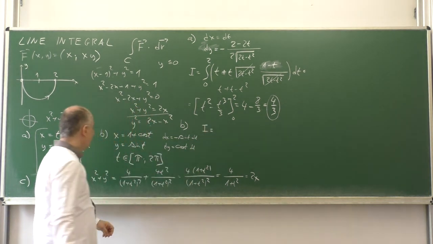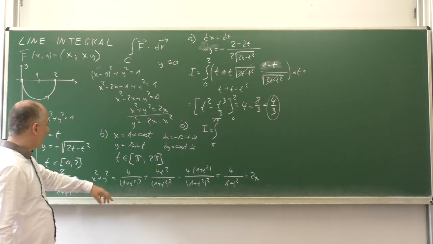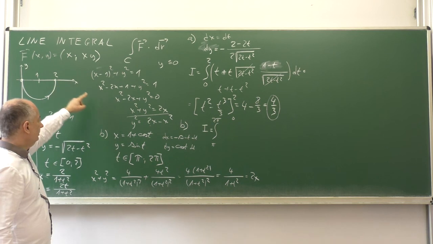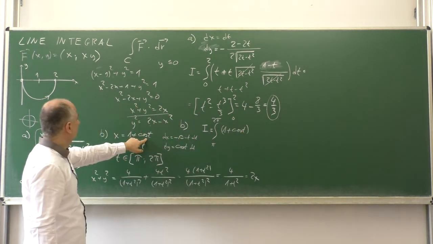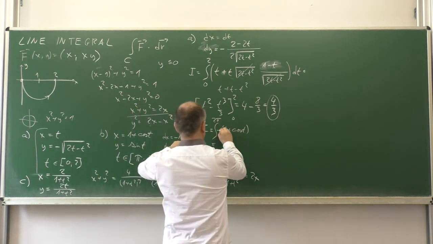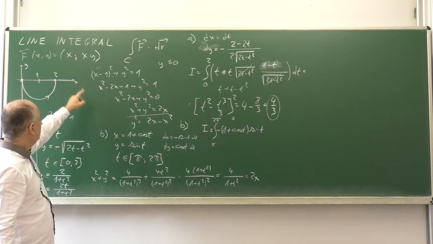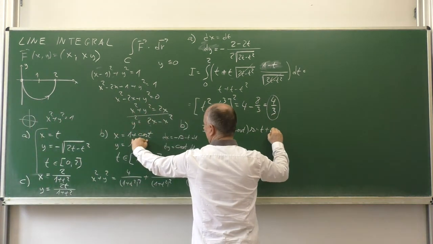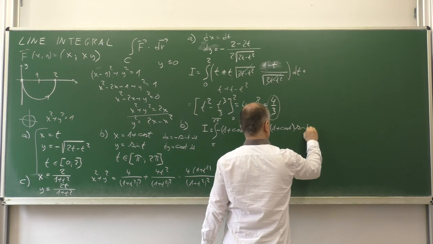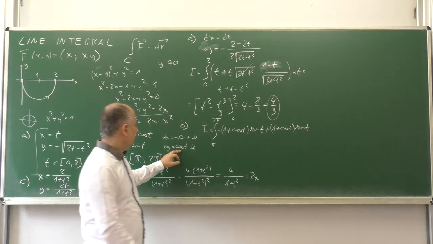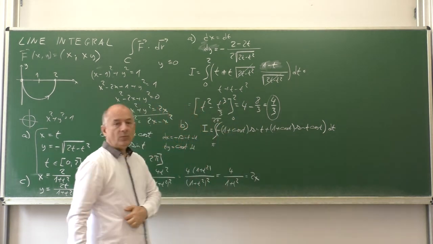So the integral is integral from pi to 2 pi of f1, which is x, which is 1 plus cosine of t, times dx, which is minus sine of t, and we will write dt at the very end, plus f2, which is xy, which is 1 plus cosine of t, times sine of t, times dy, which is cosine of t dt, and we want to integrate this.